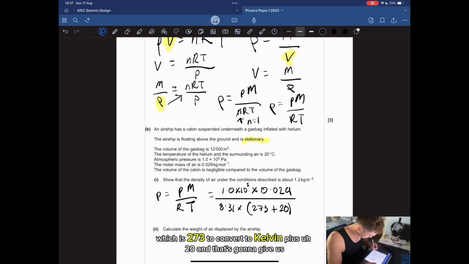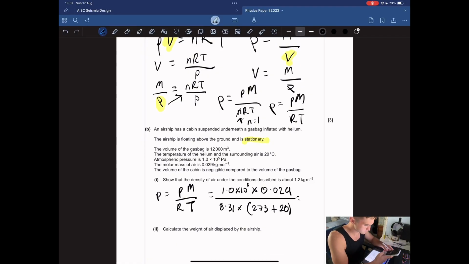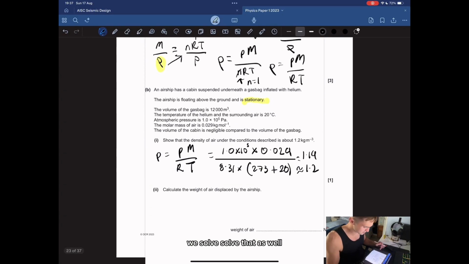And that's going to give us 1.19, which is about 1.2. So nice, we've solved that as well.